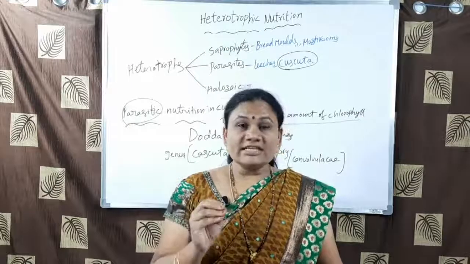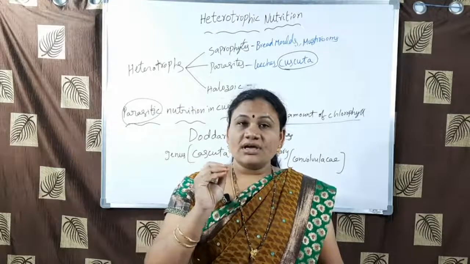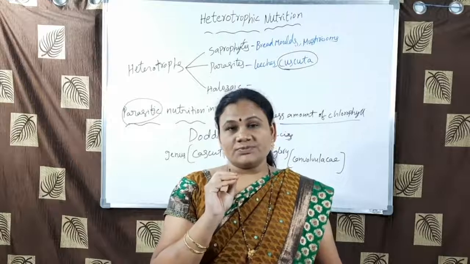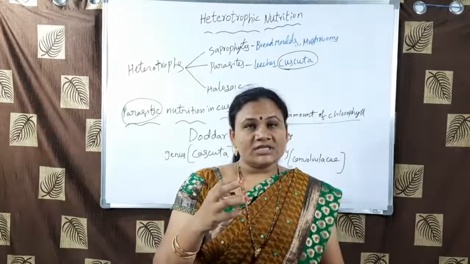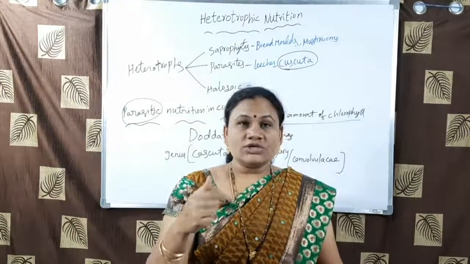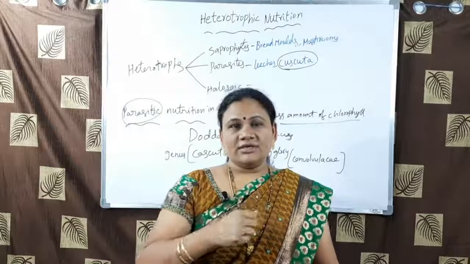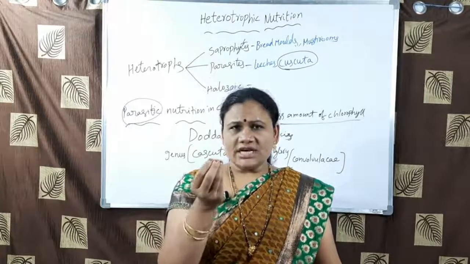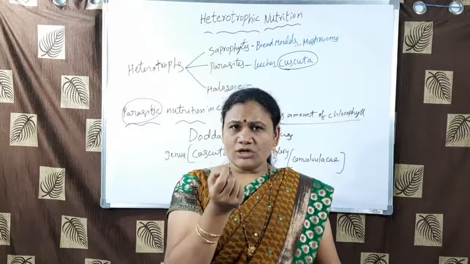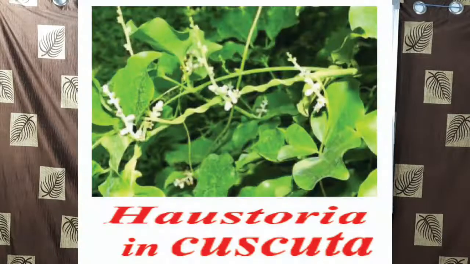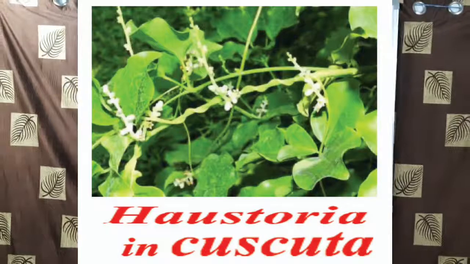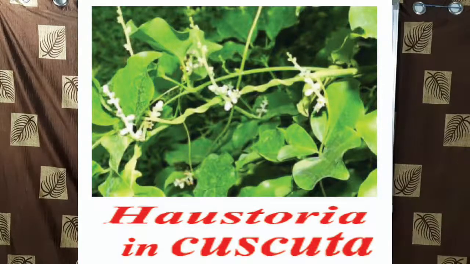The dodder seed germinates and produces an anchor root-like structure and a slender stem that entwines the host plant. That means initially it starts its life from a small root-like anchor structure. While it entwines, it produces some root-like structures called haustoria.